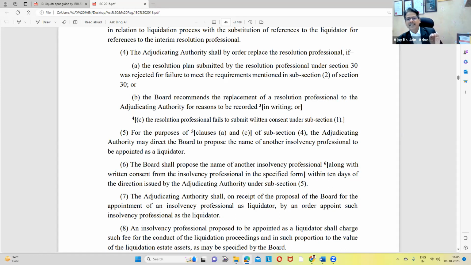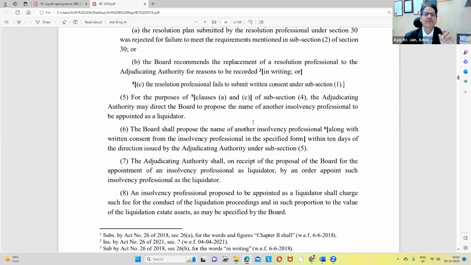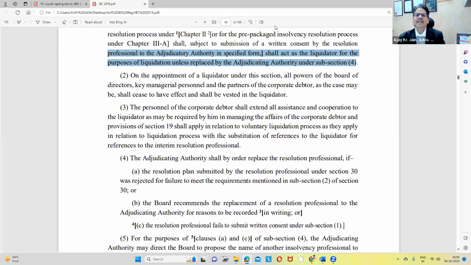So if the Board has recommended that in this particular case the RP should be replaced, then the RP shall be replaced by the AA with reasons. So the AA must give the reason also. Third stage, the RP fails to submit written consent. So there are only 3 stages where the RP cannot be appointed as liquidator by the AA.